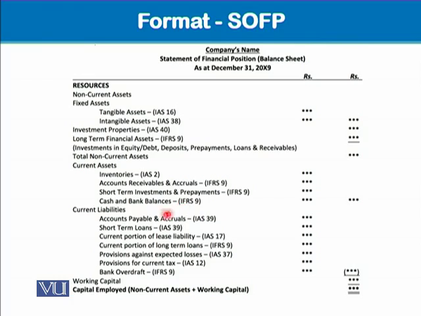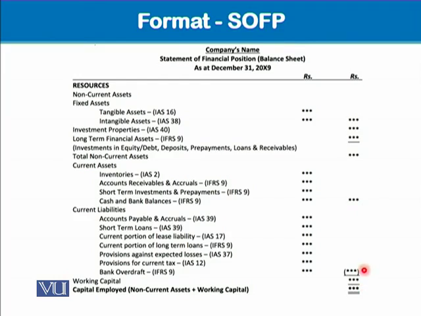Then there is a presentation in which we have to work out working capital. In order to work out working capital, we subtract current liabilities from the current assets. We know all the criteria of identifying current liabilities, so we place all current liabilities under the current assets, subtract the total of current liabilities from the total of current assets, and we get working capital.